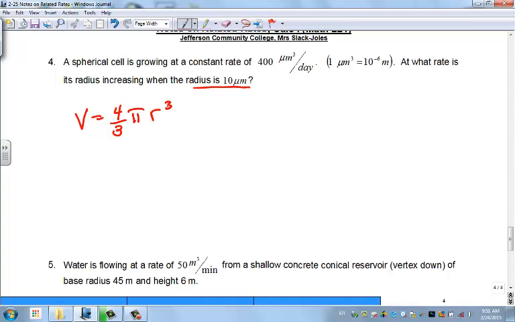What we know and what we're trying to figure out: we're trying to find dr dt, the radius increasing rate, when r is equal to 10 mu meters.